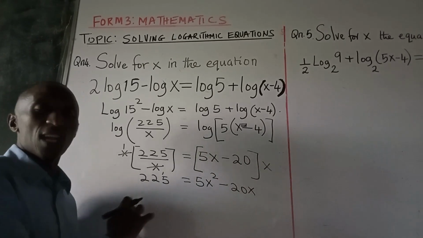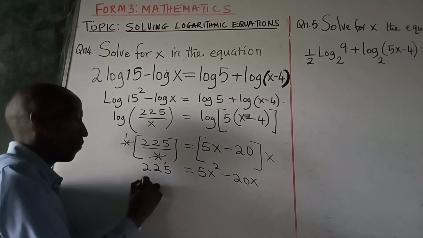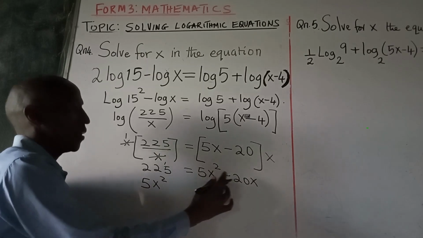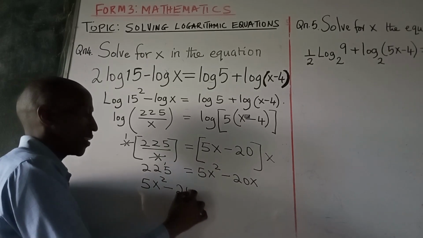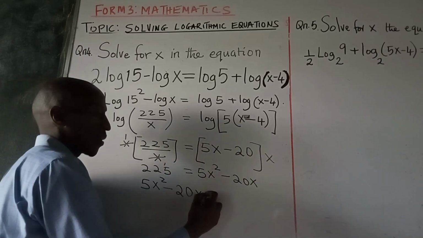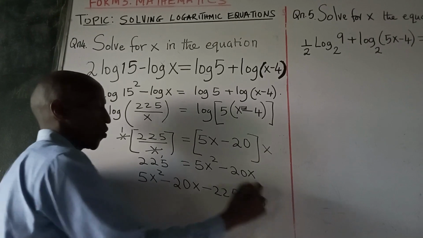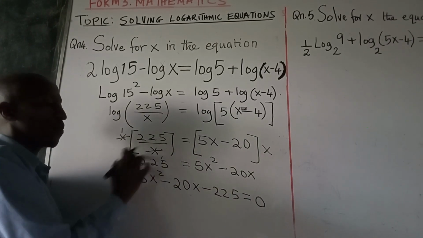We form a proper quadratic equation starting with the highest power of x. That is 5x squared minus 20x. We push this onto the other side and subtract 225. That gives us now 0, because we remove 225 from this side.